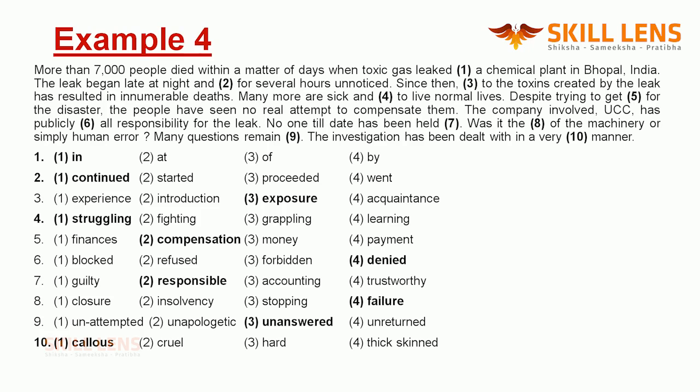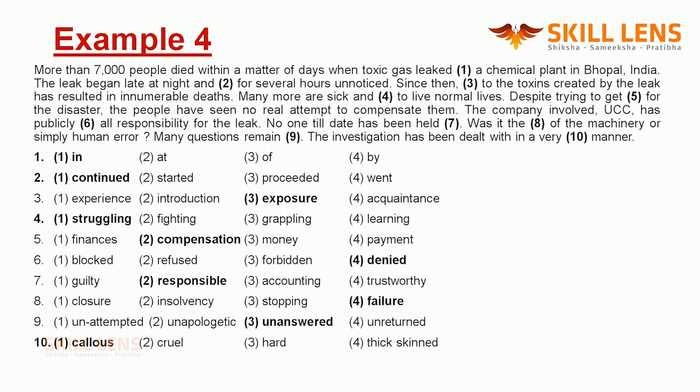Blank 3. Since then, dash to the toxins created by the leak has resulted in innumerable deaths. Okay, so exposure will be the answer for blank 3. Right? So here you have to find a word that tells us what happened to people and why they died. So exposure to toxins led to innumerable deaths.